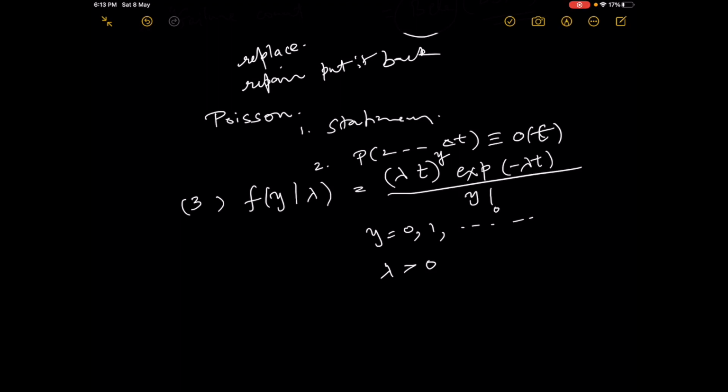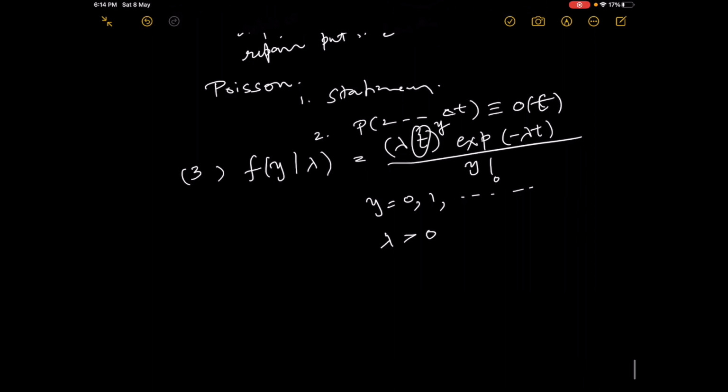But for repairable components, lambda will be termed as intensity, not mean number of failures per unit time. It will be looked at as intensity in the case of repairable components. T will represent the length of the specified time period in which we are observing the events.